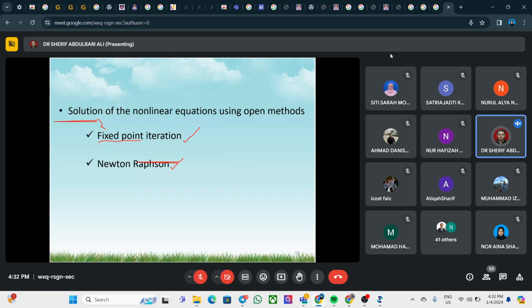What is this method and what do I need to do?